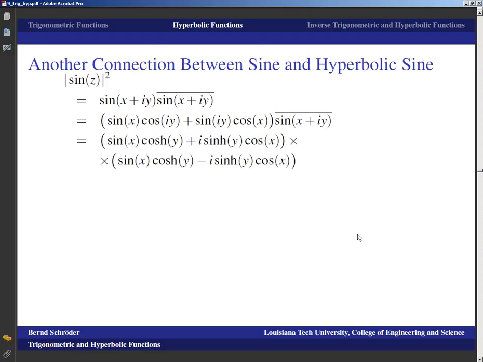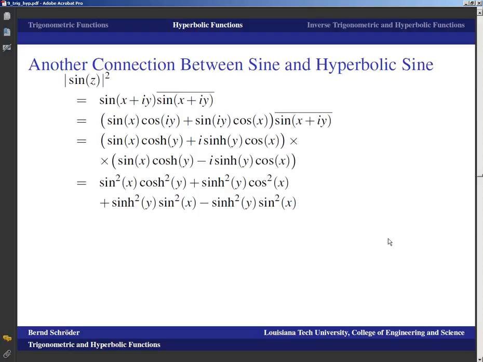And now we multiply that out, and we get that the imaginary parts cancel, and we get therefore that this is the sum of the square of the real part, sine squared x cosh squared y, and the square of the imaginary part, which is sinh squared y cosine squared x.